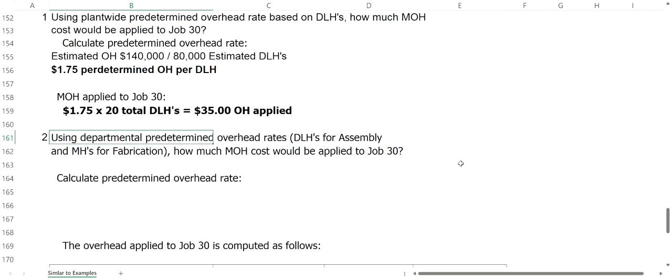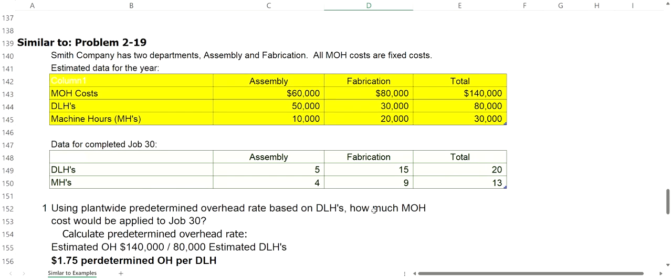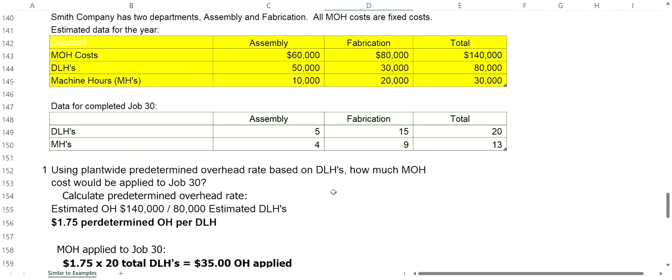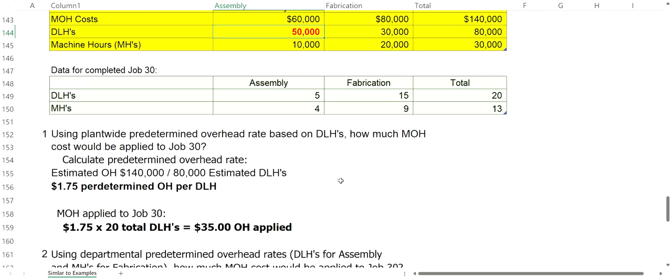In part 2, we're going to do it based on department. We're going to use direct labor hours for assembly and machine hours for fabrication. So let me go back up to my original data. Okay, so again, we're going to use direct labor hours for assembly. So assembly will use the 50,000 direct labor hours.